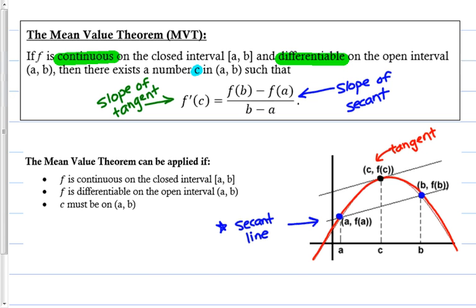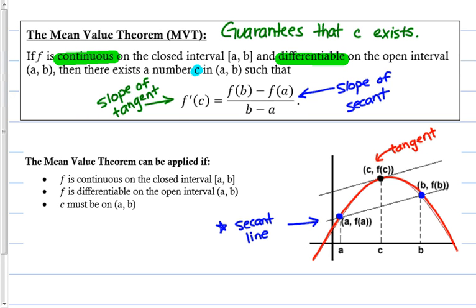the exact same slope. And what the mean value theorem does, it guarantees that c, this x value, exists somewhere in the interior of this graph within the parameters of A and B, the interval.